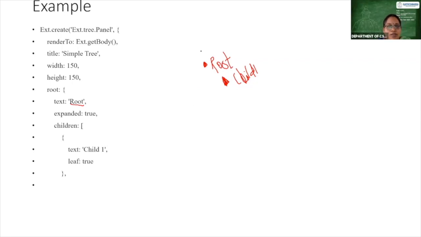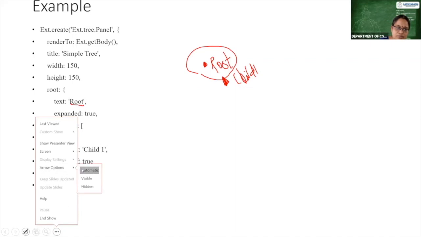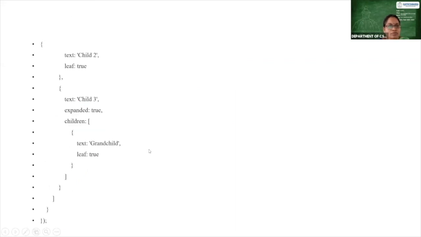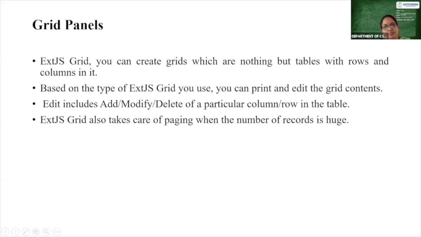So there will be a root data, and below that you can have many child items. This is the tree panel. You can create any number of items. See, the next text is child 2. The next text is child 3. Like that, it goes on. You can create any number of child fields.